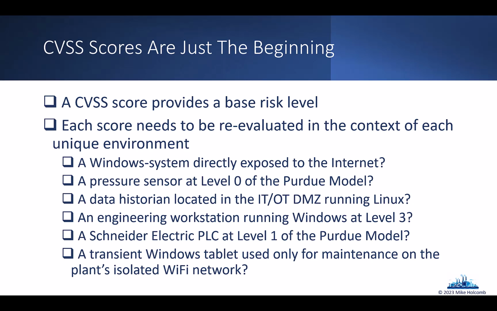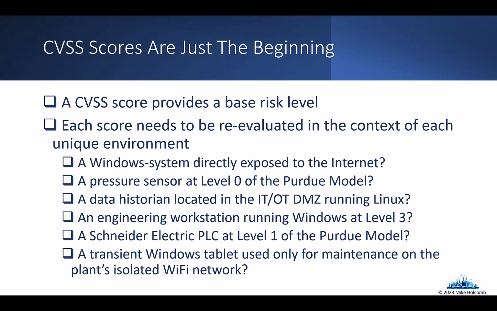So how bad is that if it's on a Windows system directly exposed to the internet? Yeah, that's the worst of the worst. If it's exposed directly to the internet, it's going to get hacked within probably 30 minutes or less. No ifs, ands, or buts about it. So we need to make sure that gets bumped up as high as possible.